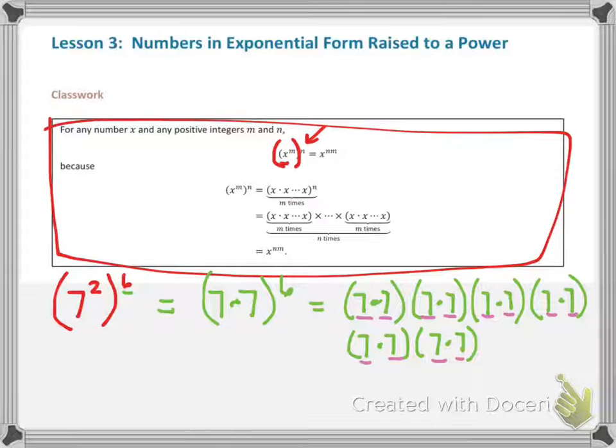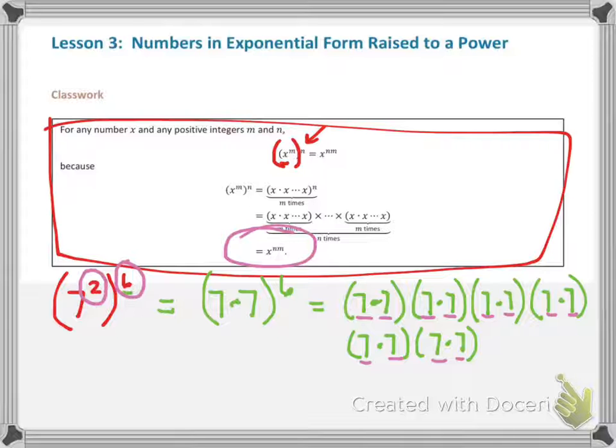And if you'll notice here in the box, it says that x to the m power then raised to the n power is the same as x to the m times n. So what we are doing is multiplying these two exponents together to get our final exponent.